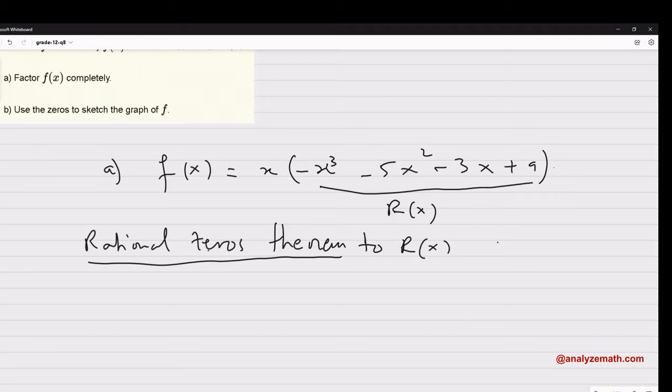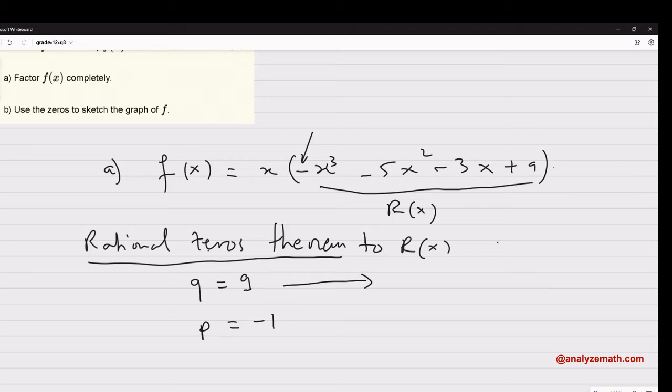Good. Now first you look for the constant term of R(x). Let's call it q, equal to 9 here. And then you look for the leading coefficient of the same polynomial. Let's call it p, and it's equal to -1. The second thing you do is look at all the factors of q and p.